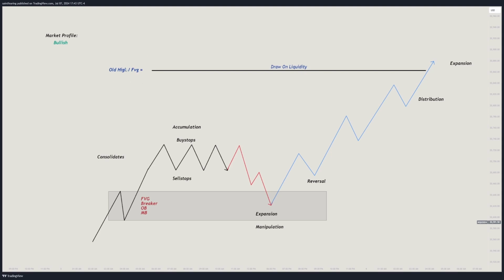So as I was talking about, our drawn liquidity being the old high or a higher time frame fair value gap. However, when we're referencing the end of the manipulation, we're looking at previous structure from the left side of the market. What has price already formed?